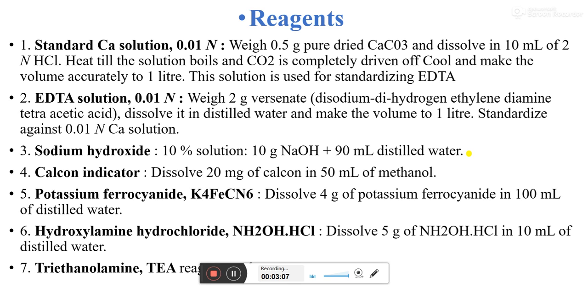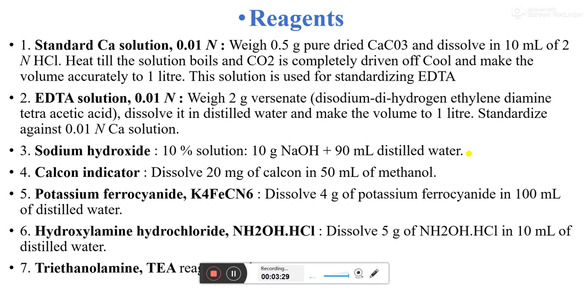Heat till the solution boils and carbon dioxide, that means CO2, is completely driven off, then cool it and make the volume accurately to 1 liter. This solution is used for standardizing EDTA.